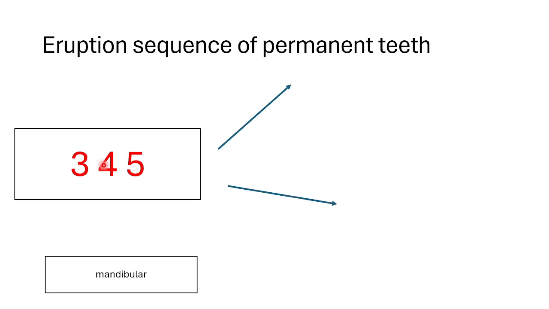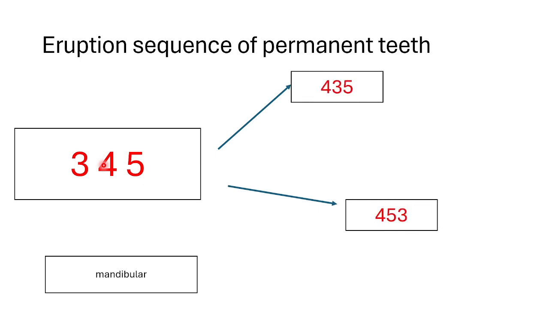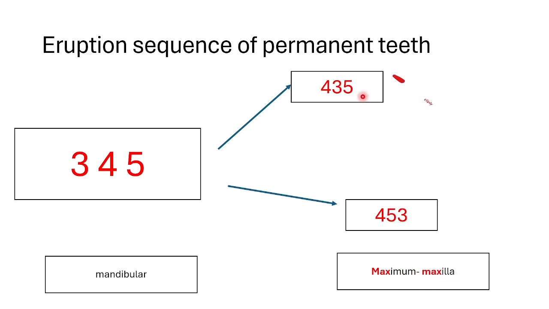It could be either 435 or 453, right? But since 453 is greater than 435, this will be for maxilla. So just remember maximum for maxilla. So we will not use 435, but instead we will use 453 for maxilla.